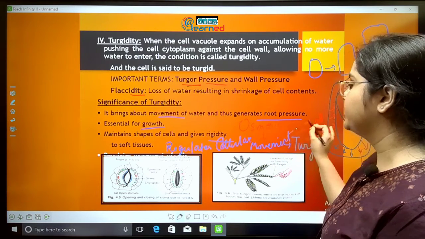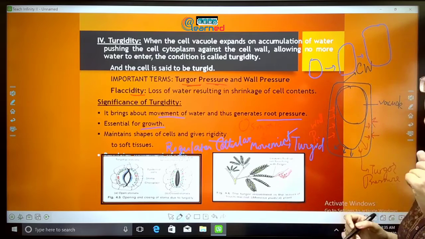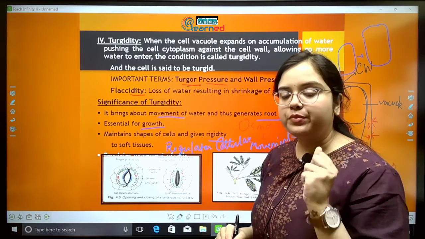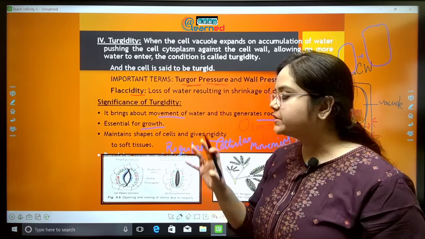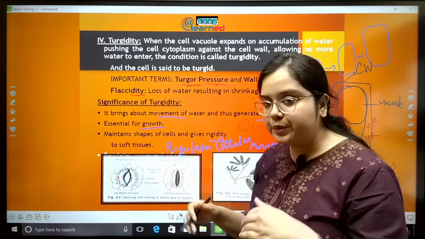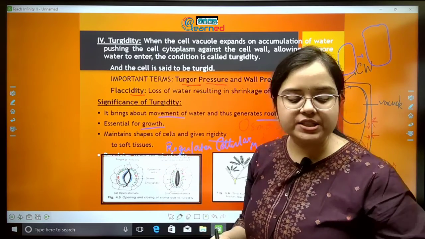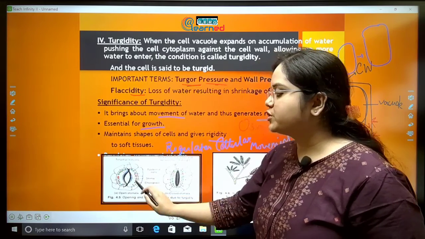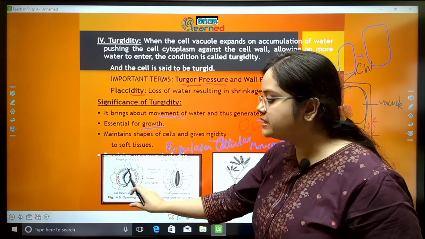How is it regulated? Remember, in the previous slide we studied how osmosis is helping in opening and closing of stomata. This is what it is. What is happening here? Because of osmosis, because of the transfer between cells, the water is moving into the guard cells of the stomata. You know the stomata is there.